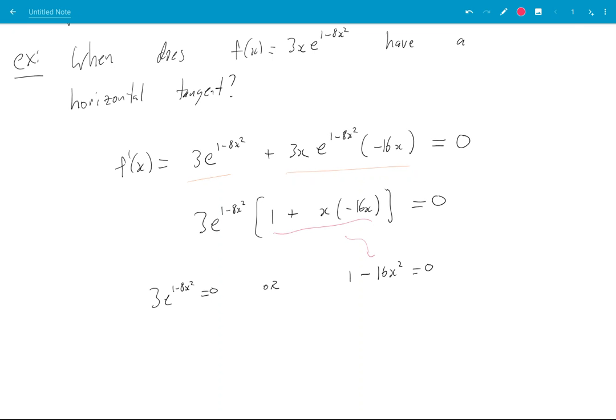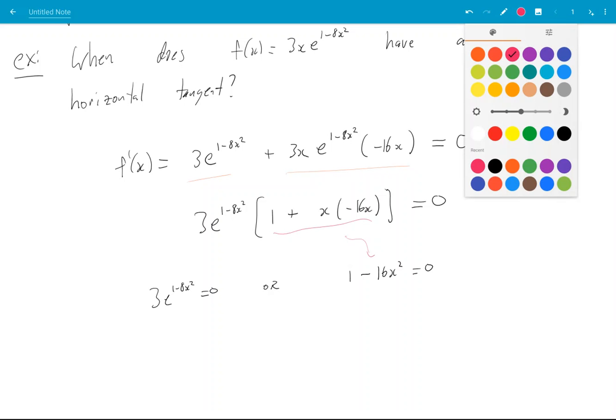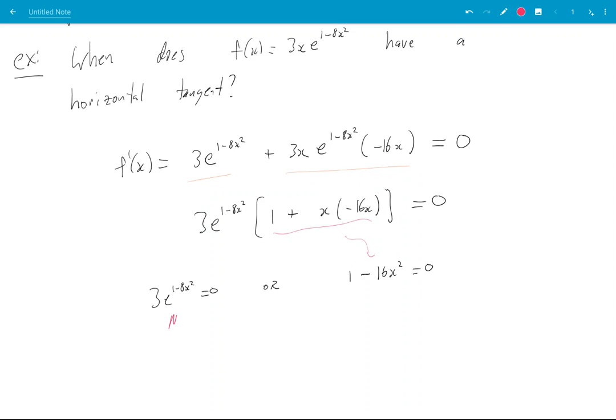So when is an exponential equal to 0? Well, if you think of the graph of an exponential, the answer is never. So there's no solution coming from that. But over here we have x squared is equal to 1 over 16. So x is equal to plus or minus a quarter. Yeah, good.